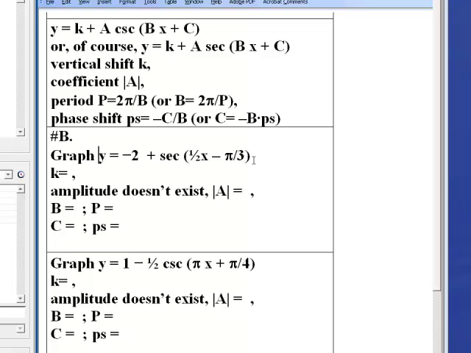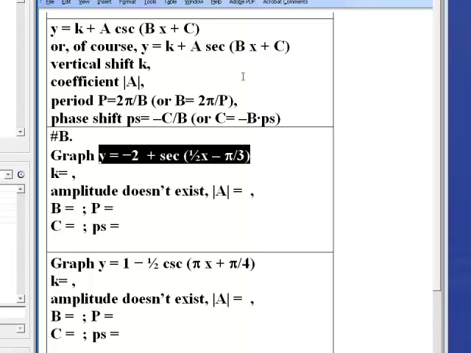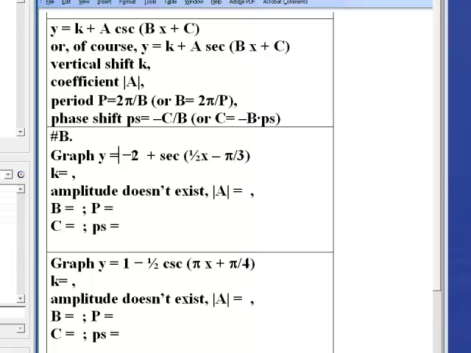The first one we're going to graph is y equals -2 plus secant of 1/2 x minus pi over 3. So we have a vertical shift of -2. We have a coefficient a of 1. We have b equals 1/2.